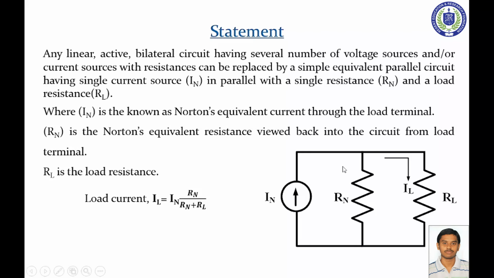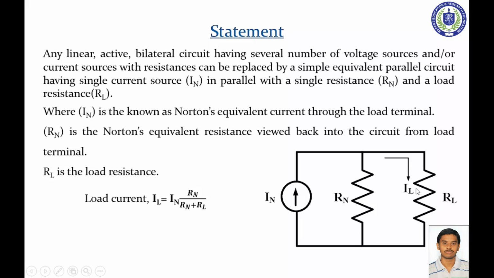This is the Norton's equivalent circuit. Here IN is the Norton's equivalent current, the load terminal is where the load connects, RN is the Norton's equivalent resistance as viewed back into the circuit from the load terminal, and RL is the load resistance.